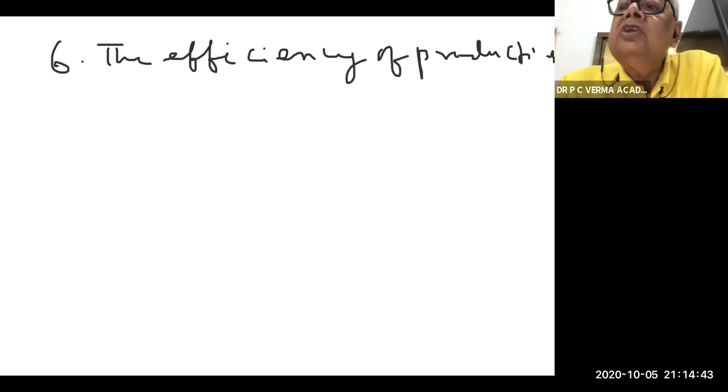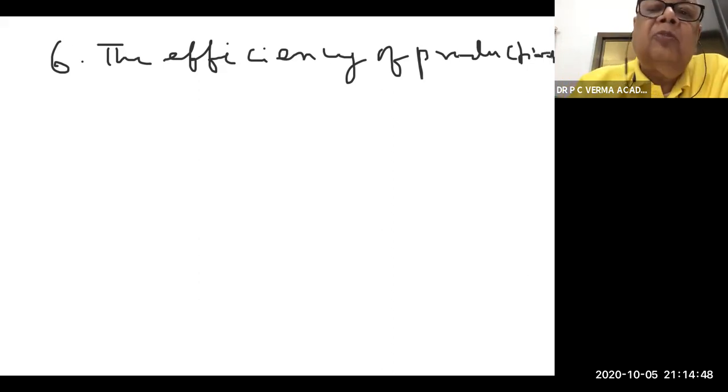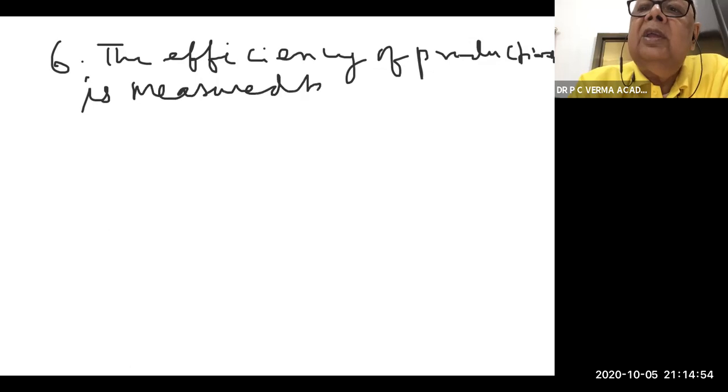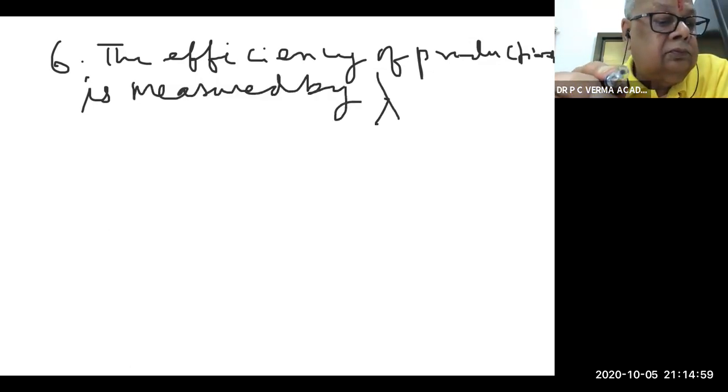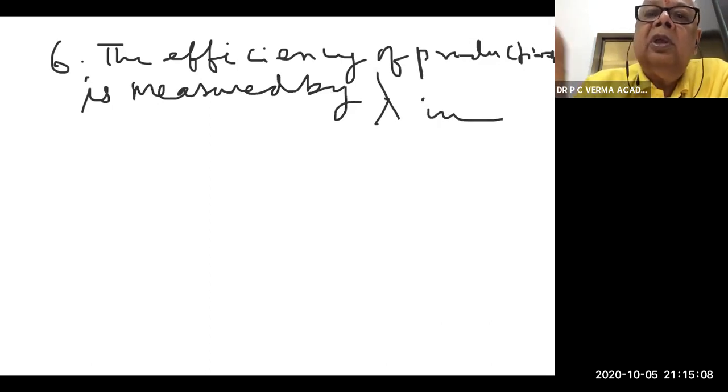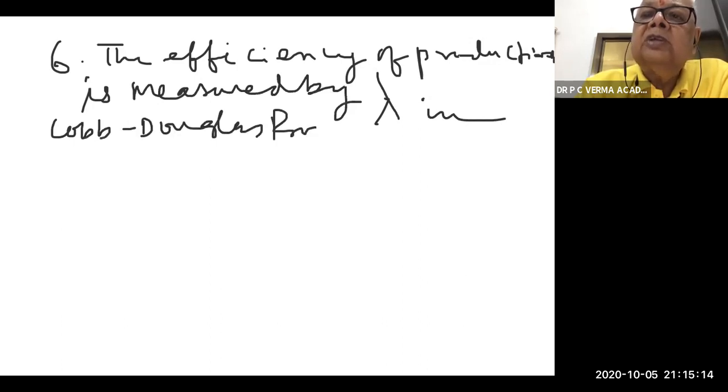So the efficiency of production is measured by lambda in Cobb-Douglas production function.